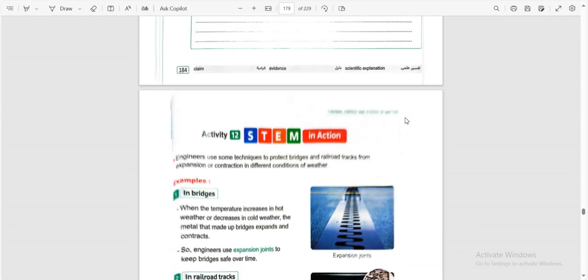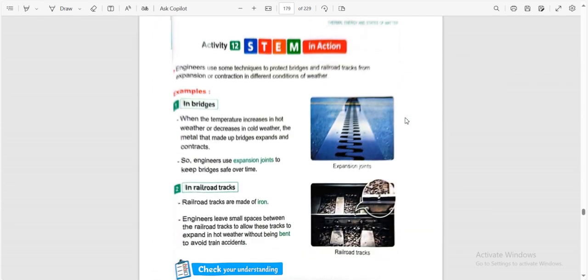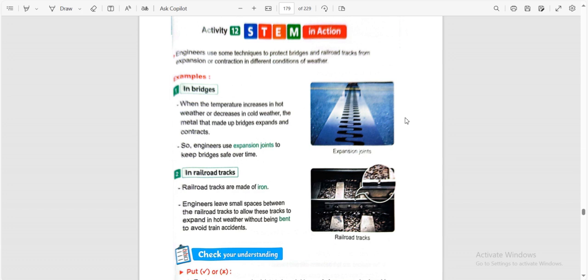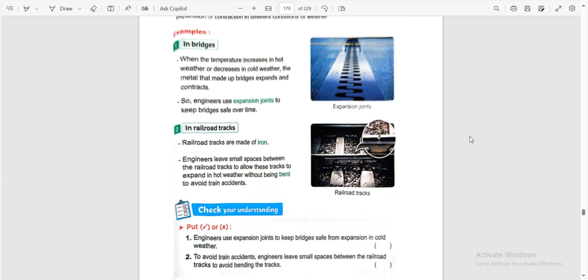Finally, we try and see more uses of thermal expansion. We already talked about the expansion joints, and a very similar idea is the railroad tracks.